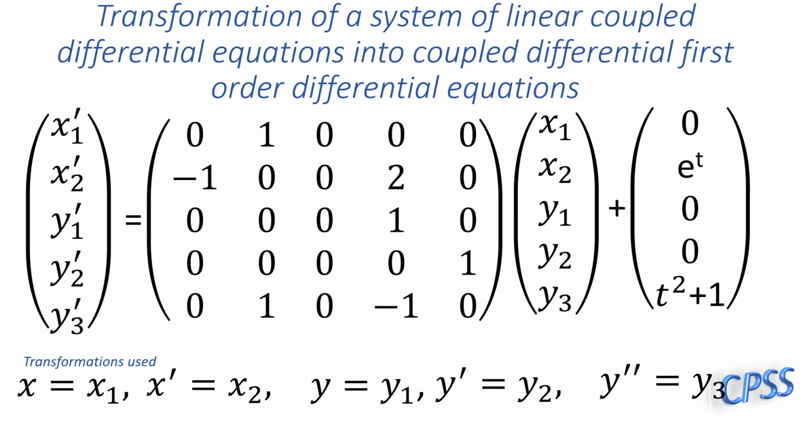Here's the matrix problem, where the column vector is the forcing function. Typically what we need to do is ignore the forcing function and solve the homogeneous problem, which is the column vector on the left side equal to the matrix times the column vector. That's what we need to look at.